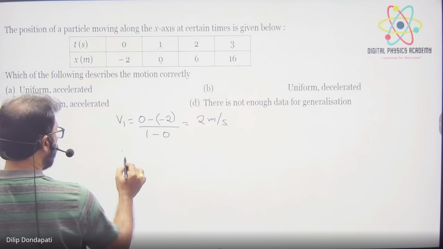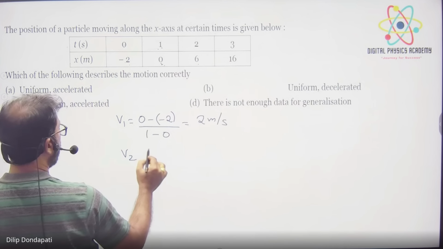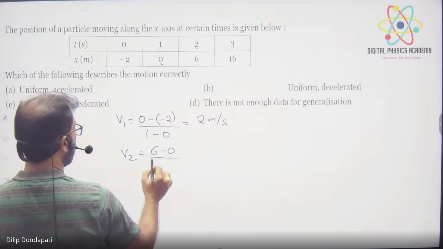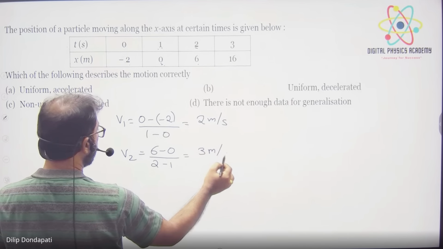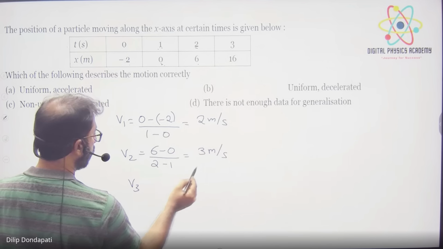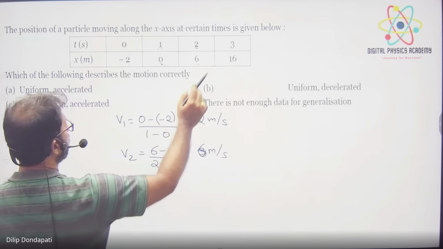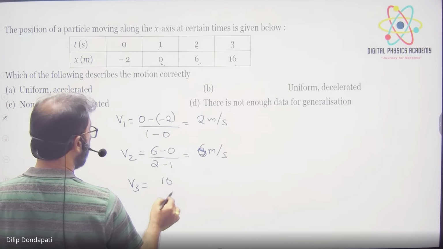That is the velocity. Now we find v2. Again, y2 minus y1 by x2 minus x1. So 6 by 2 is 3 meters per second. Now v3? It will be 6. Oh sorry, 2 minus 1 is 1, so 6. Okay, next, v3: 16 minus 6, so 10 by 1, it's 10 meters per second.